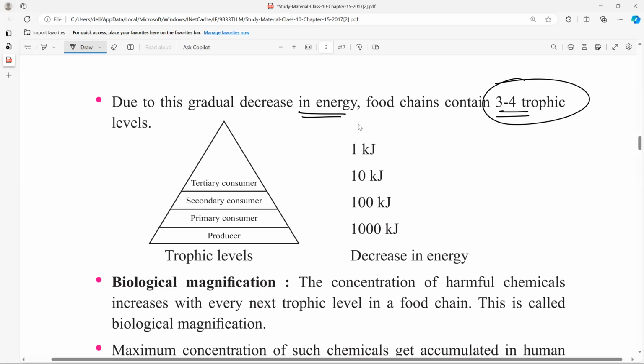For example, the plant is eaten by the deer, and this deer is eaten by the lion, and the lion when decomposed is eaten by the vulture.